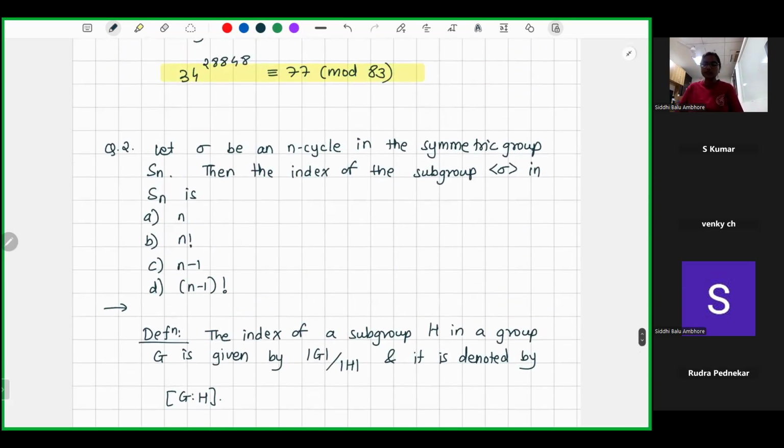And so they are asking us what is, so note that sigma is an n cycle.